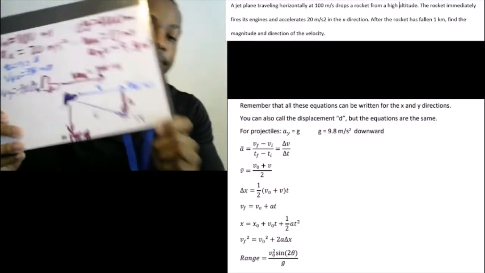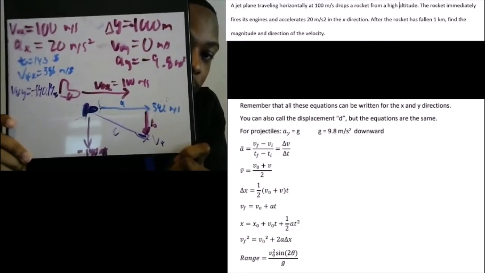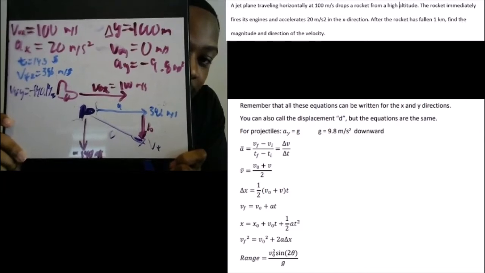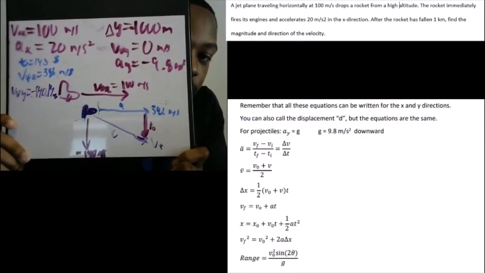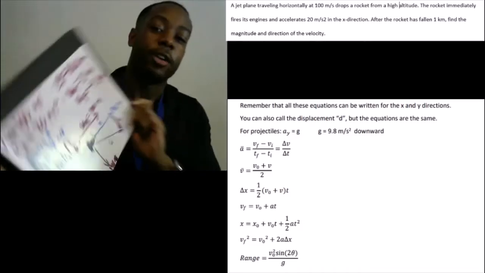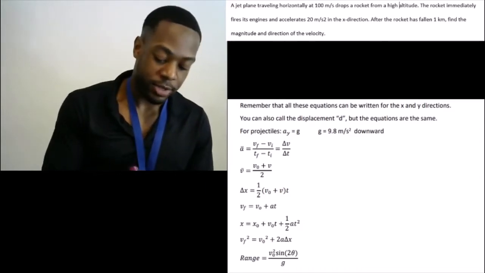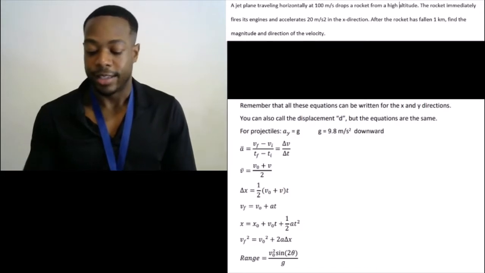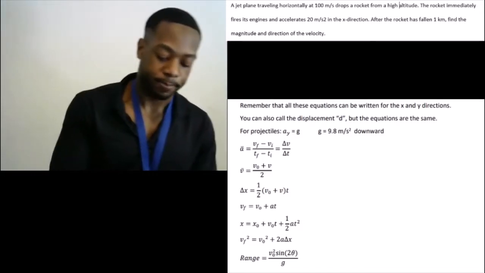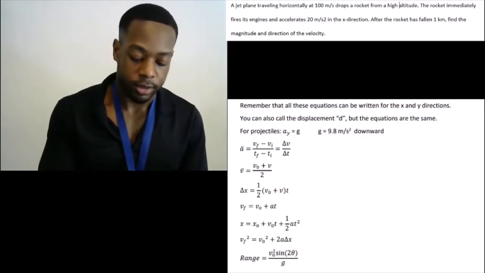So here it is again. A, B, and C. C is our velocity vector. If that's the case, how are we going to find our velocity vector with A and B? Pythagorean theorem, right? So we've got a squared plus b squared equals c squared. We know A is going to be 346. We know B is going to be negative 140.